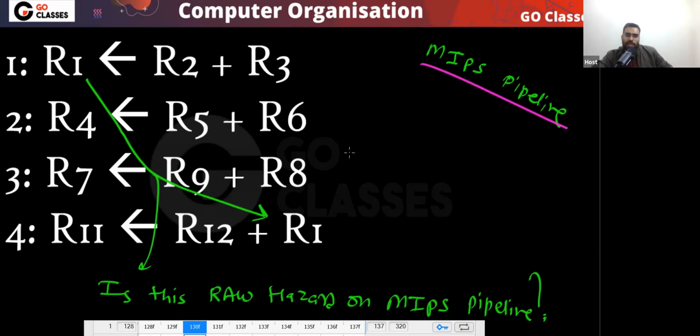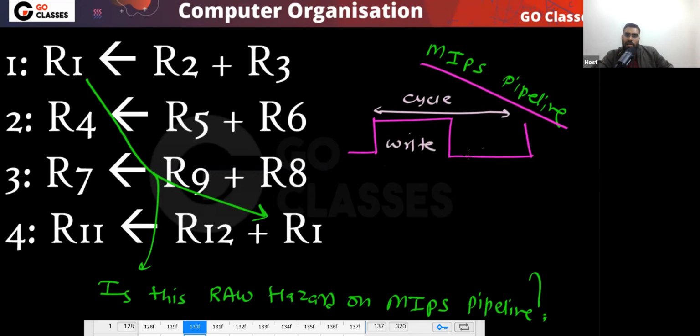Make this assumption: in any cycle, the register write will happen in the first half of the cycle, and the register read will happen in the second half of the cycle.